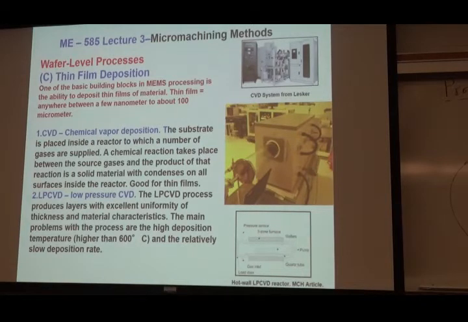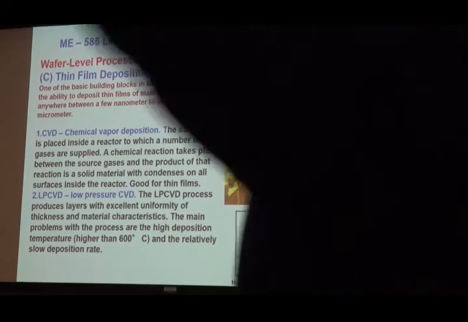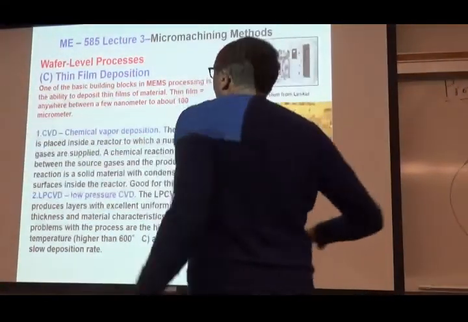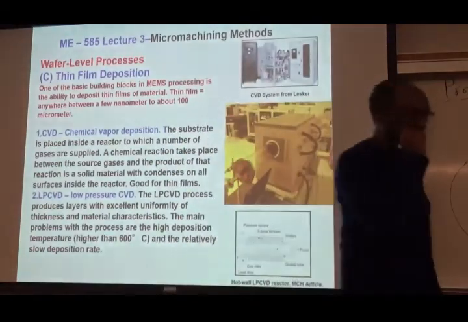So for example, if you're designing a sensor, you have to deposit some interesting stuff to it. If you are putting a conductive layer, you have to have a metal to it. So for that we use what's called CVD. Well, there are a number of them, but in general they are called thin film deposition.